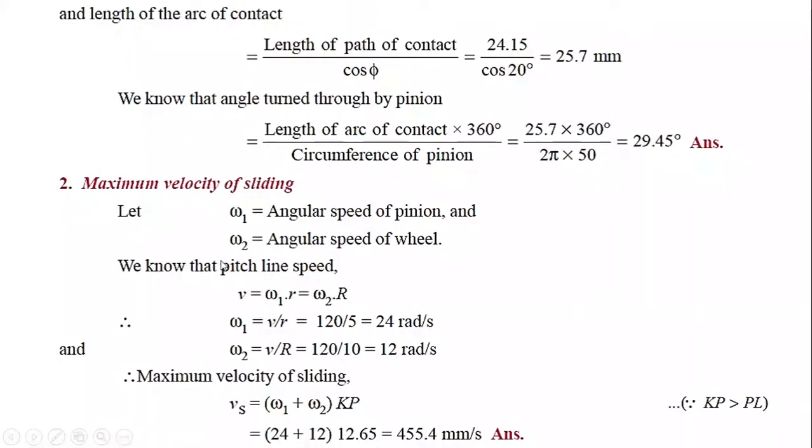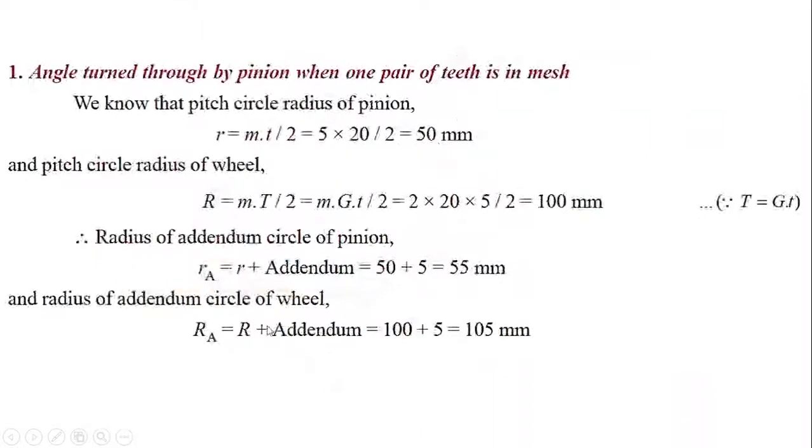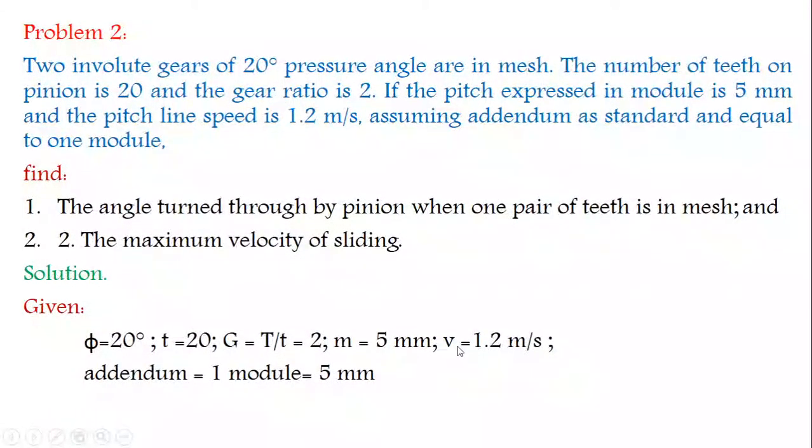We know that the pitch line speed is V, velocity equal to omega 1 into small r, or omega 2 into capital R. Already we have the value of velocity given in this problem: 120, velocity V equal to 1.2 meter per second.